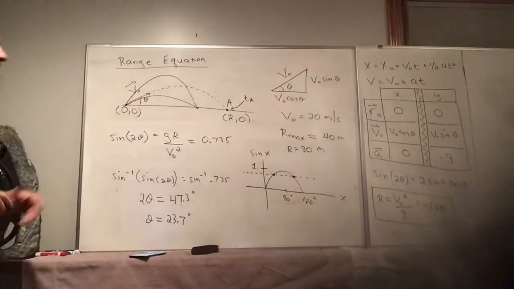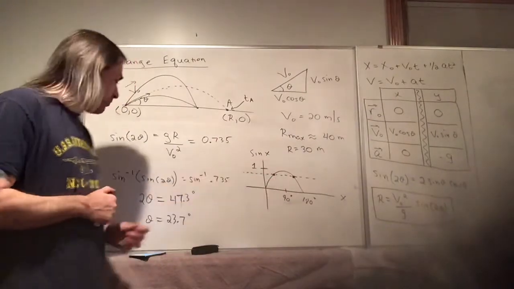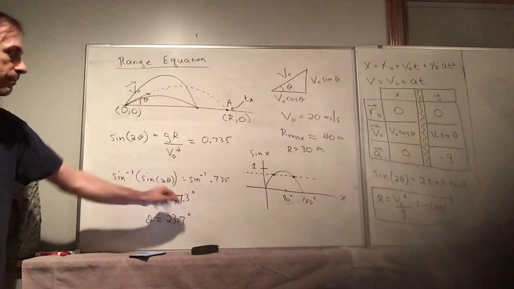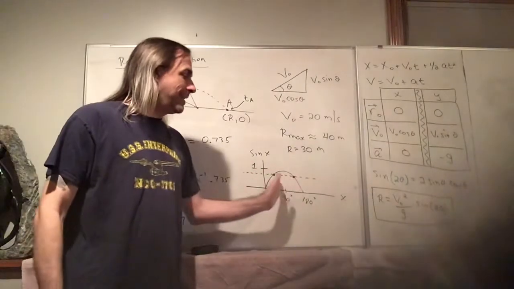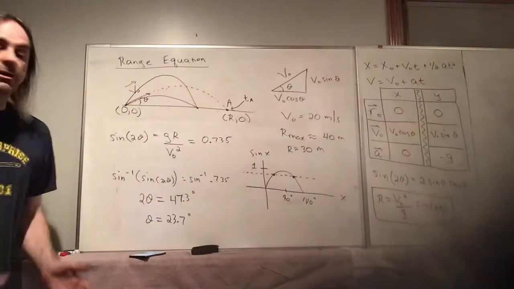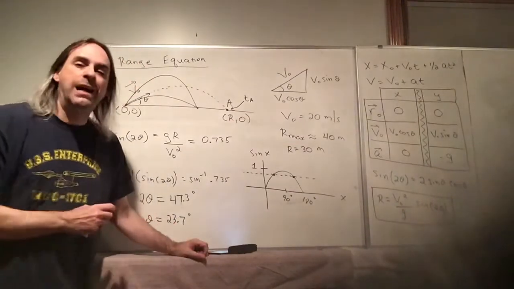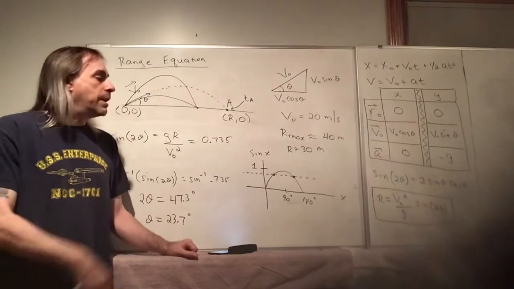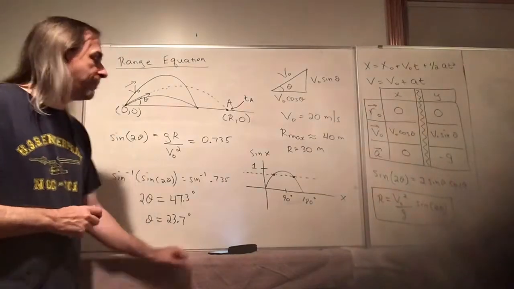The first one is going to occur when 2 theta is equal to 47.3 degrees. But then we'll have another one that's on the other side, between 90 and 180 degrees. And the inverse sine will not tell us that angle. So we have to figure it out a different way.